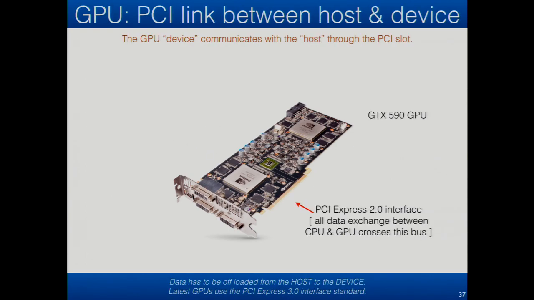It is a daughter board or coprocessor board, which in this case will slot into your PC motherboard through a PCI Express slot, which is this gold-plated thing here. This original model was a PCI Express 2 interface, which I think had a bandwidth of about 6 gigabytes per second. So we can move data on and off this device at around about 6 gigabytes per second.